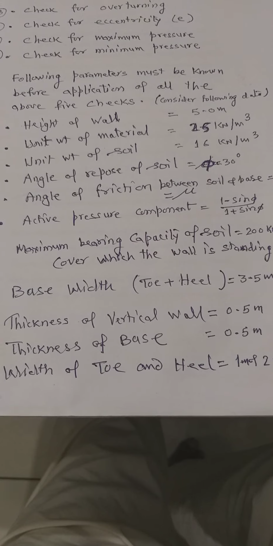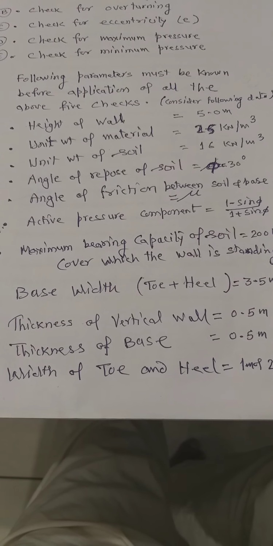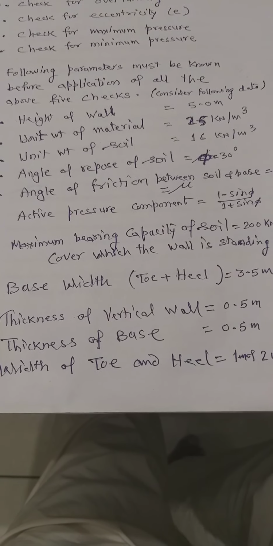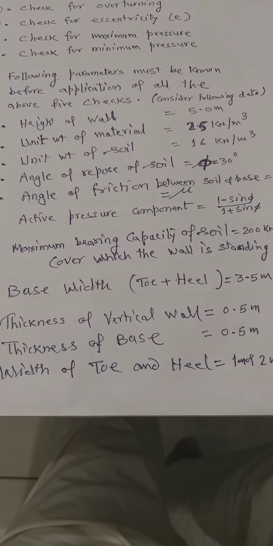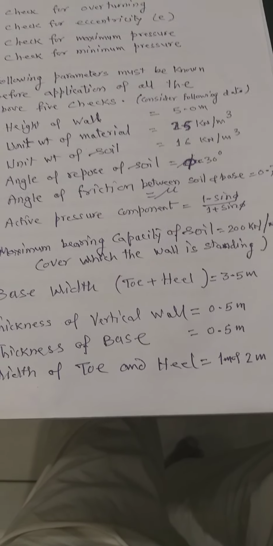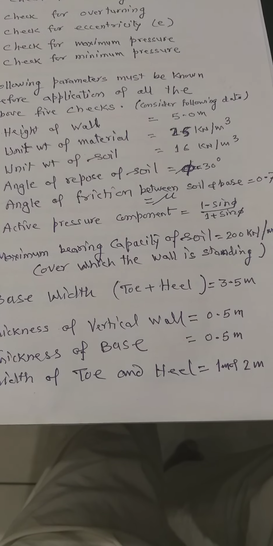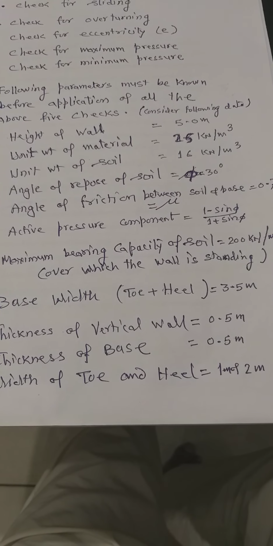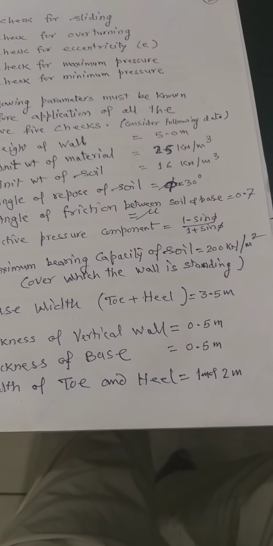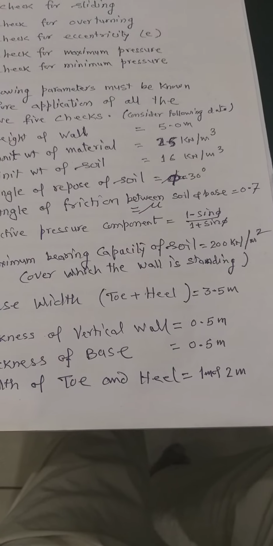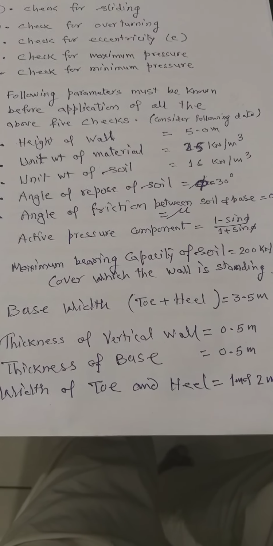Unit weight of soil is taken as 16 kilonewton per meter cube. Angle of repose of soil, denoted by phi, is taken as 30 degrees. Coefficient of friction between the soil and the concrete wall, denoted by mu, is taken as 0.7.